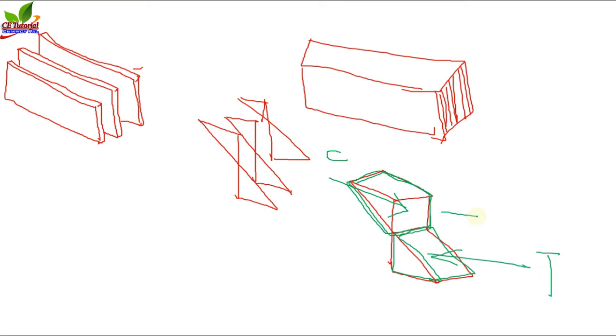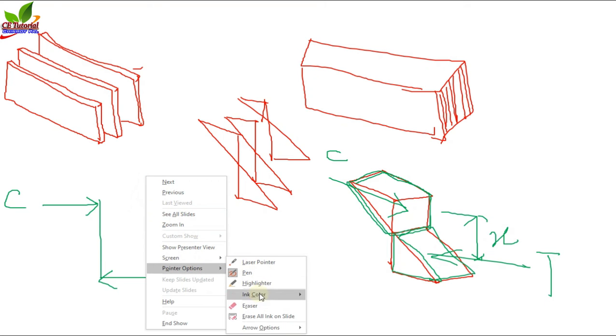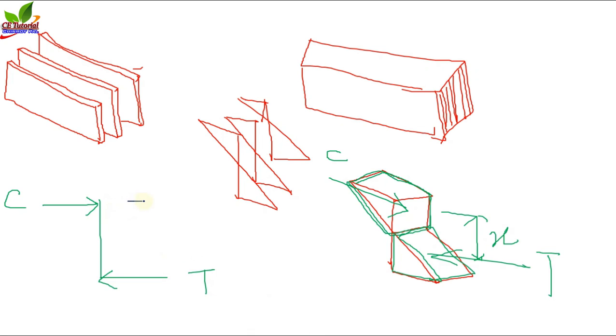Okay, and this distance between C and T, this vertical distance is actually X, that is lever arm. Okay, so this is C, this is T, and this is lever arm.